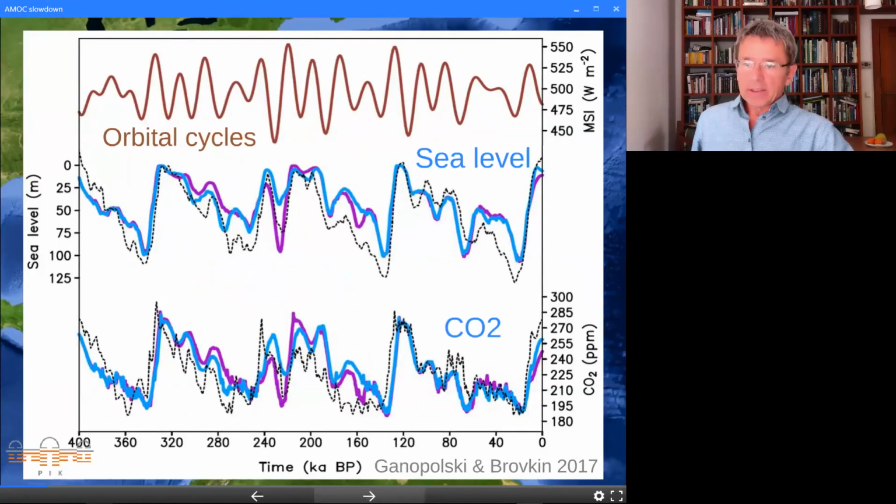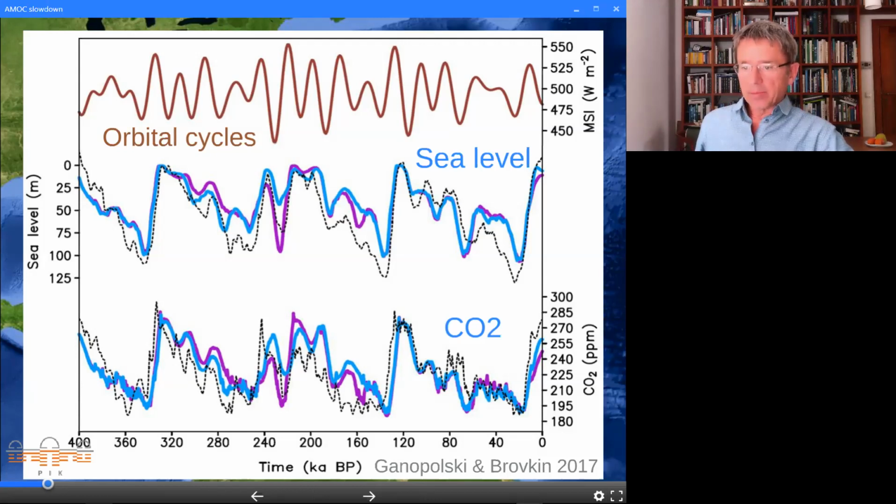The first evidence that this system can change comes from paleoclimate, and I want to give a snapshot of the last 400,000 years from this very nice study by Andre and Victor, showing that we can actually reproduce the ice age cycles of the last 400,000 years in a climate model, their Climber-2 model. The driving force here are the cycles of the Earth's orbit, the Milankovitch cycles, shown at the top.